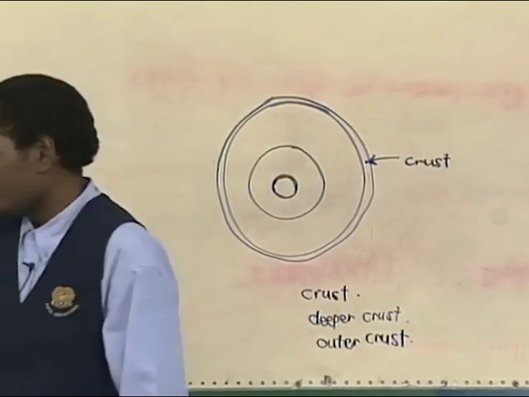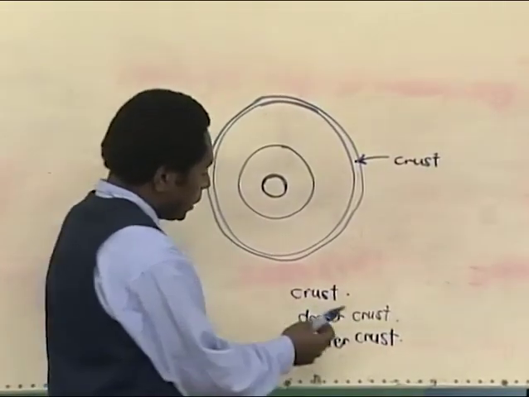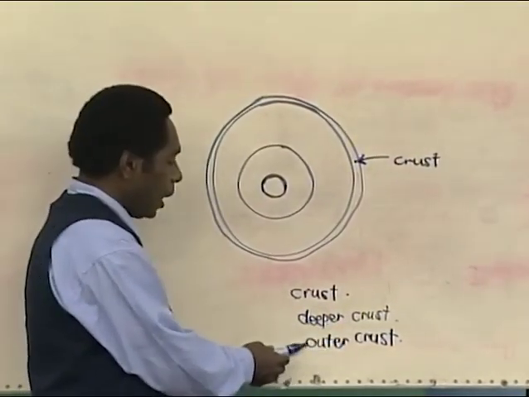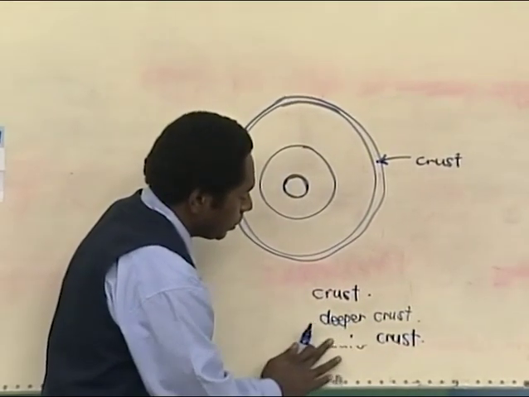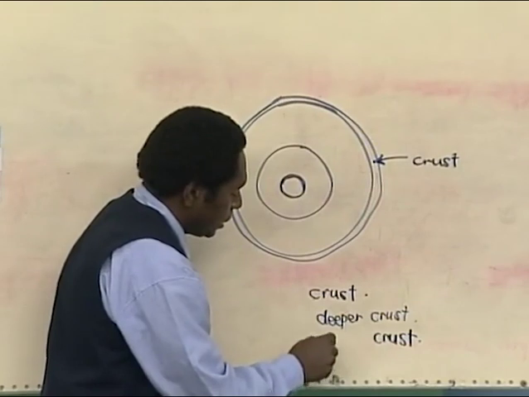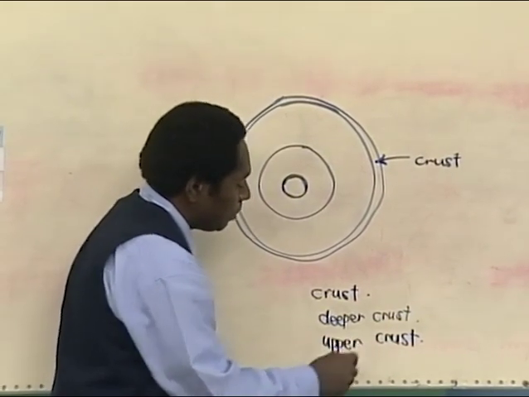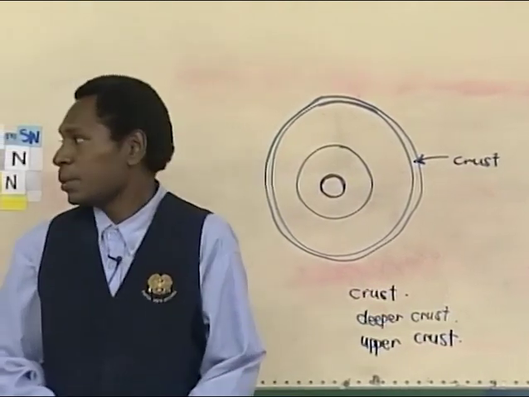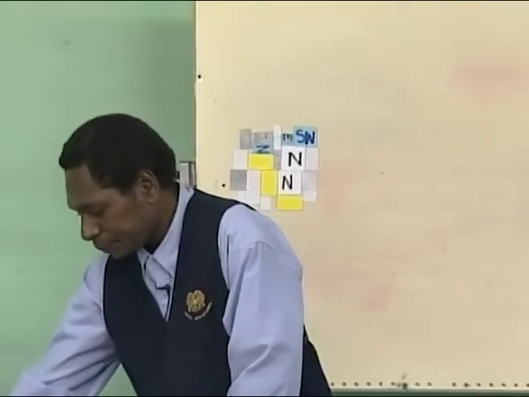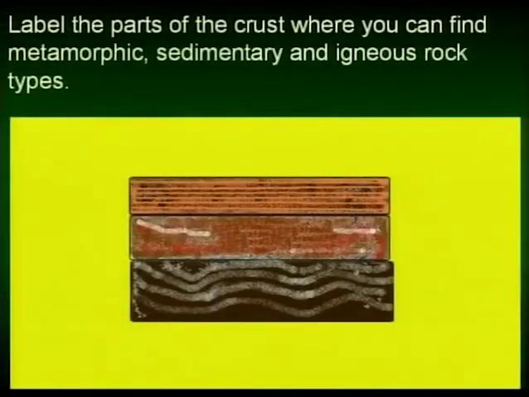Now use those three words: crust, deeper crust, and outer, sorry, this would be upper. The upper crust. One of those. And then you describe where they are found. Some of you are already drawing that picture diagram of the crust.